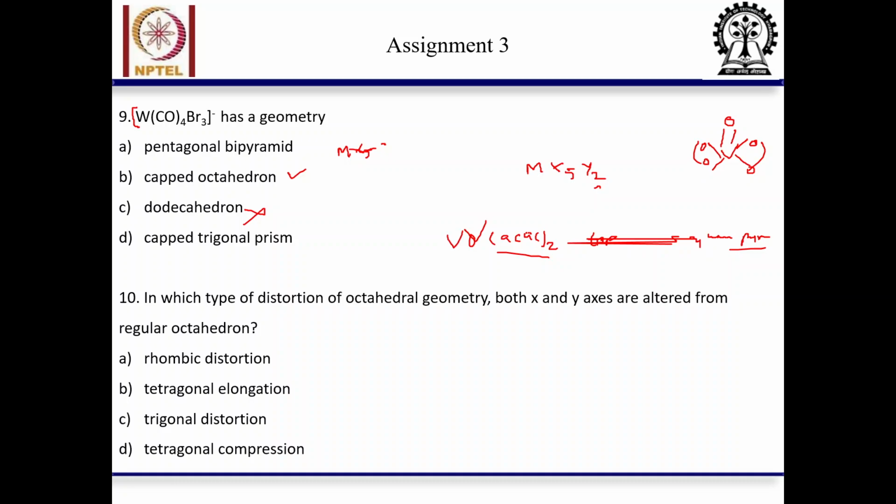Okay, now question number 10. In which type of distortion of octahedral geometry are both X and Y altered from the regular octahedron? So it could be tetragonal elongation, trigonal distortion, tetragonal complex.